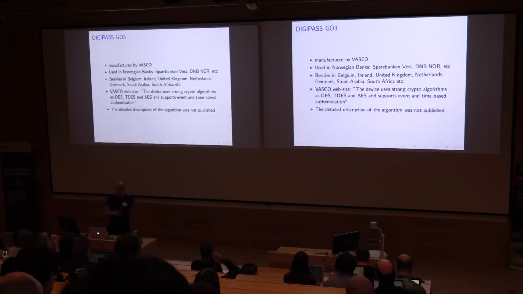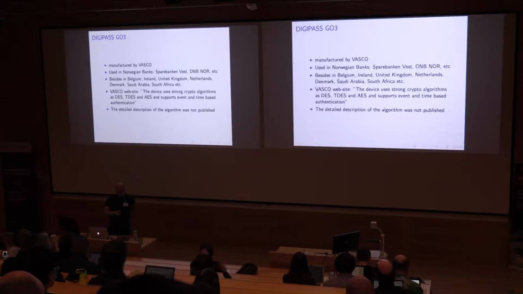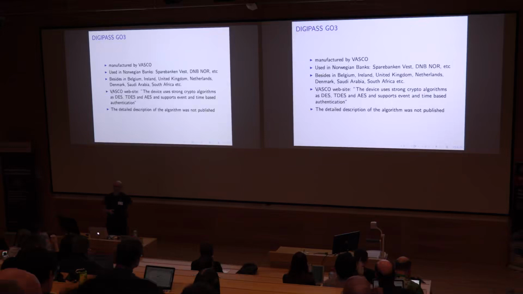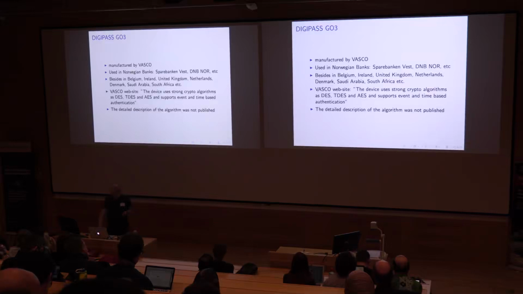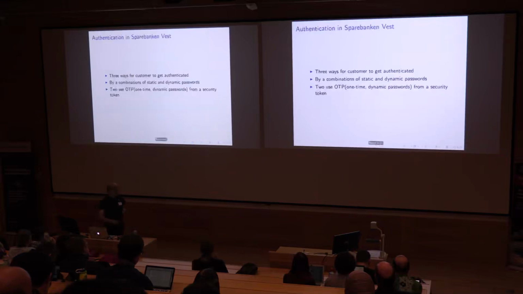And from the Vasco website we can read that it uses strong crypto algorithms like DES, TDES, AES, and supports different kinds of authentication. But a detailed description of the algorithm wasn't published. And when I got it, I got curious what's behind this device. And that is the main topic of my talk now.